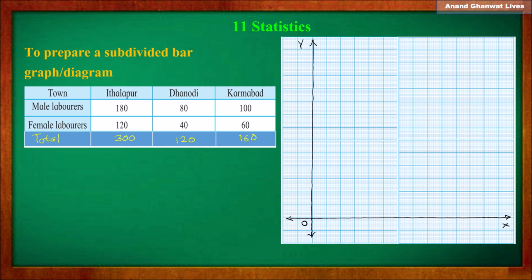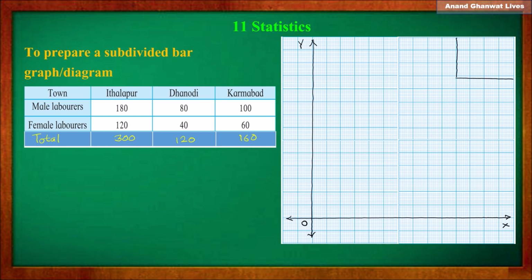Okay. Now let us take the scale first, because we want to show the number of laborers on the y-axis. So let us take a proper scale. Write this scale on the right hand corner, here.